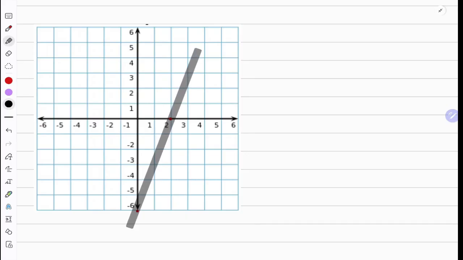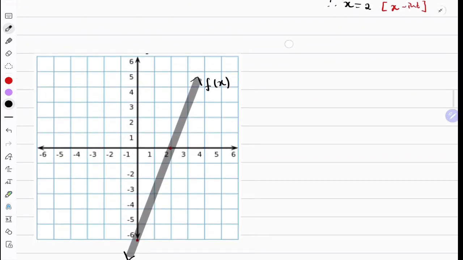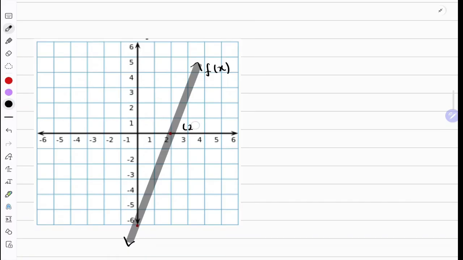So this here is our graph f of x, right? So you can label this as f of x, and they asked us to label our intercepts. So this here is 2 and 0, and this here is 0 and -6.